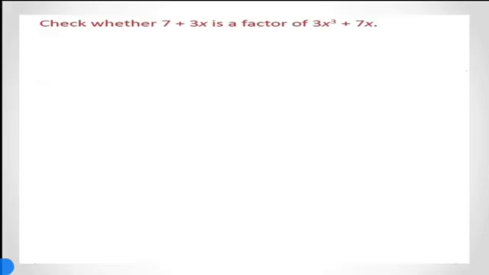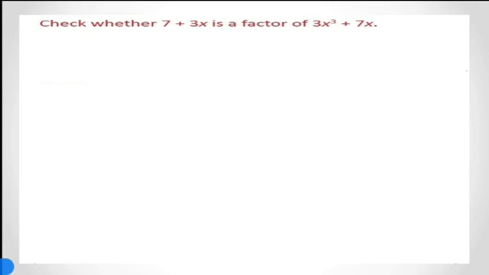So this is another example. Check whether 7 plus 3x is a factor of 3x cube plus 7x. I will repeat the question once again. Check whether 7 plus 3x is a factor of 3x cube plus 7x.